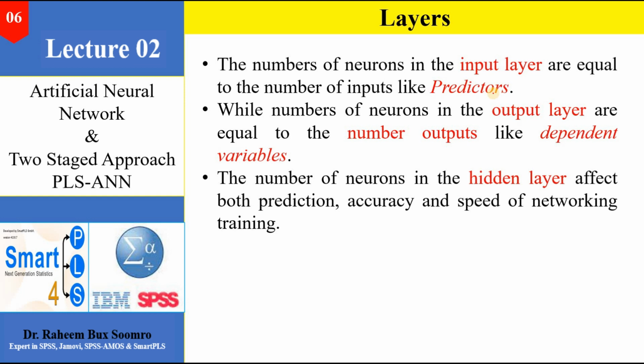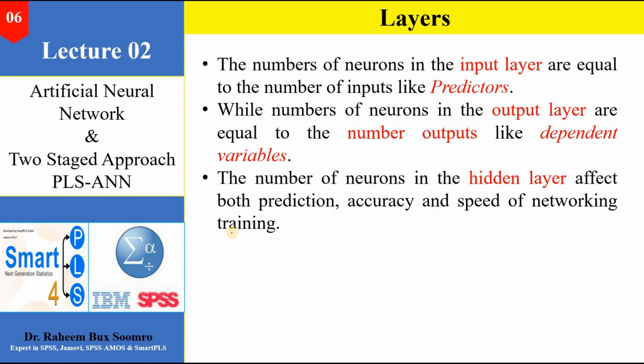Prediction and accuracy depend on the number of hidden layers. The higher the number of hidden layers, the higher the prediction and accuracy. While the number of neurons in the output layer is equal to the number of outputs, like the dependent variable. The third thing is that the number of neurons in the hidden layer affects both prediction accuracy and speed of networking.